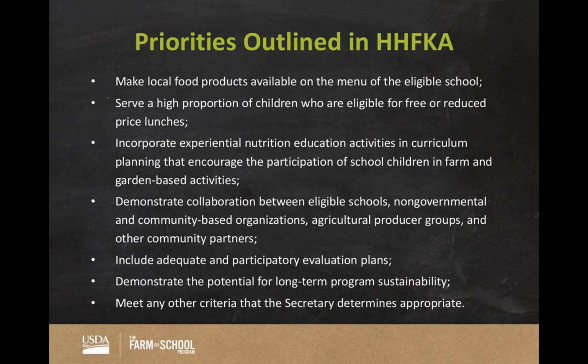We also want to make sure that we're incorporating experiential nutrition education activities that really help to get kids exposed to fresh fruits and vegetables that they may not have tried before. We really want to make sure that our efforts are impactful and that we are evaluating how effective these activities are. We also want to make sure that we're demonstrating the potential for long-term program sustainability of farm-to-school work.